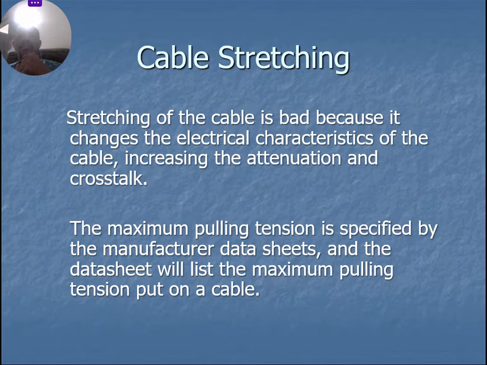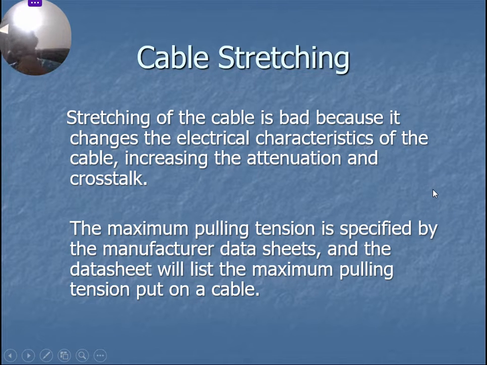These data sheets give every specification that you need: the attenuation, the ACR, which is the attenuation to crosstalk ratio, the insertion loss, the return loss, the power sum, PS NEXT, NEXT, LFEXT, all of this will be itemized by the manufacturer in the cable data sheet.